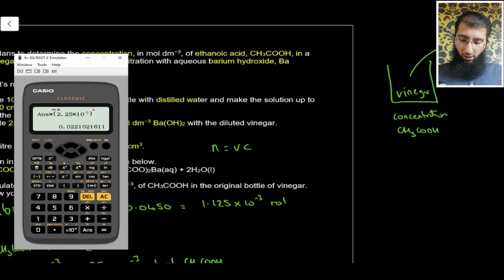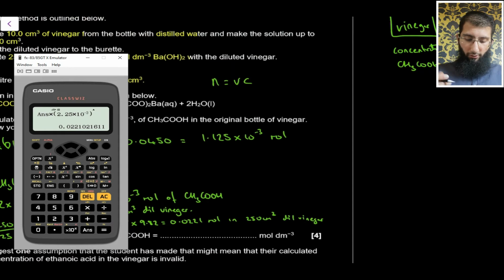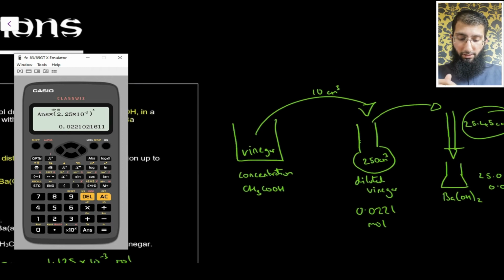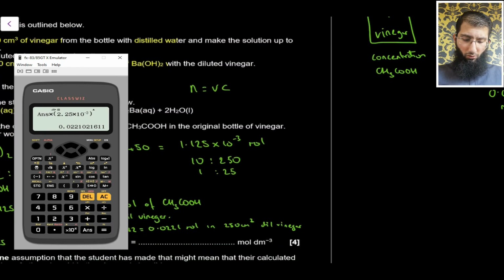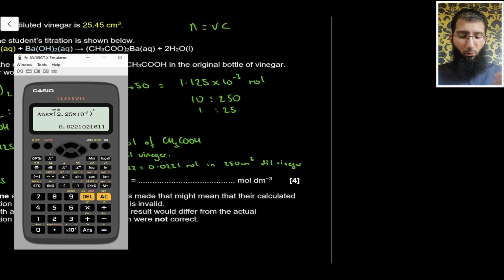So we're going from a volume of 10 centimeters cubed to 250 centimeters cubed. That's a 1 to 25 ratio. So we have diluted the original vinegar by 25 times.